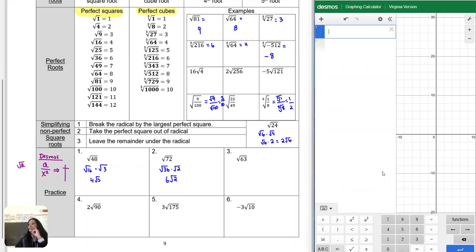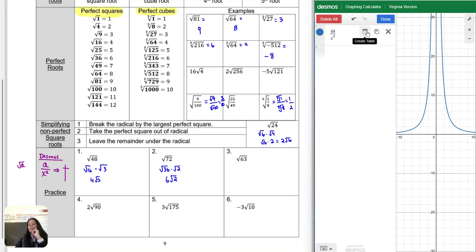For our example for number 1, that's 48 divided by x squared, and then turn that into a table.